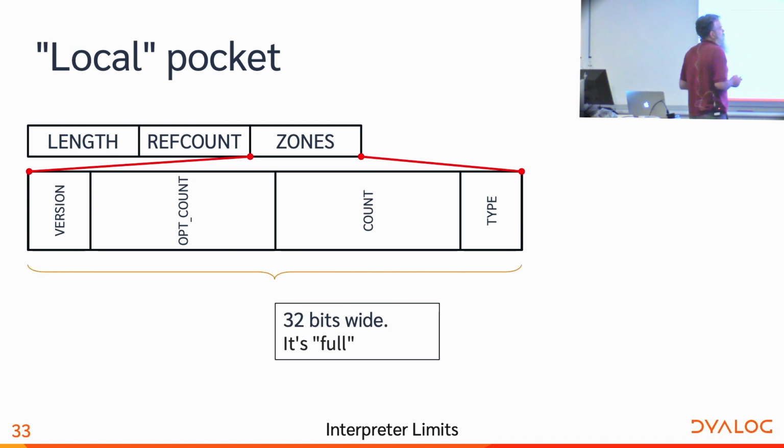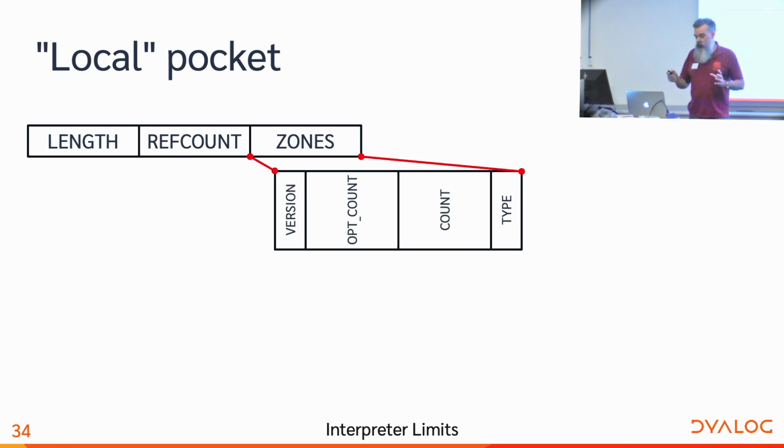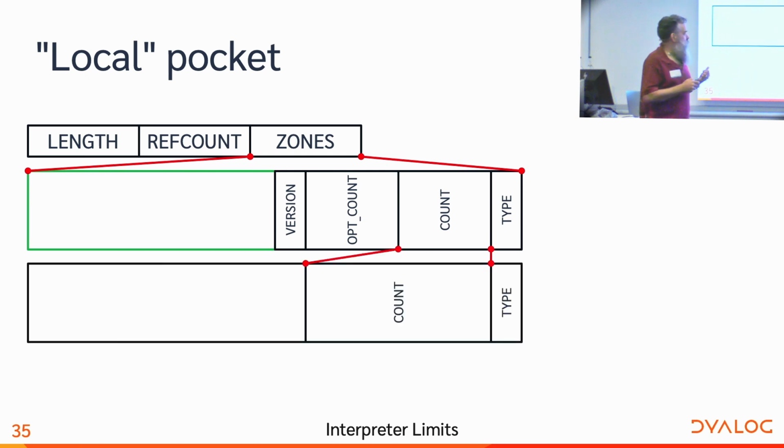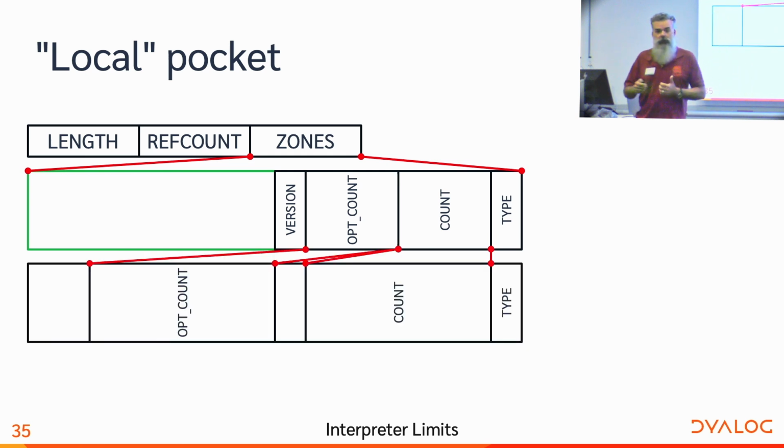So what we could do, also, this zones field is full. All of the bits in these 32 bits are consumed. Fortunately, as I said earlier, on 64-bit interpreters, there's 32 bits here that we're not using yet. So we can move these fields across and widen them into those free bits that we've got in 64-bit workspaces.